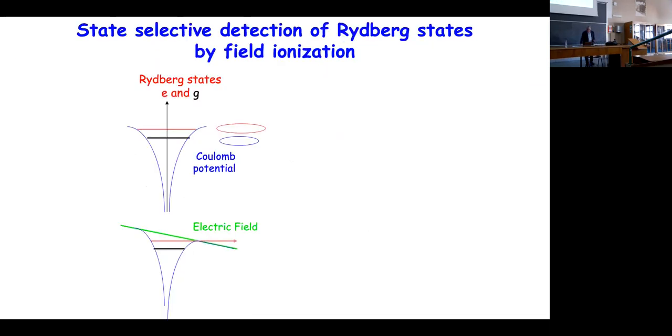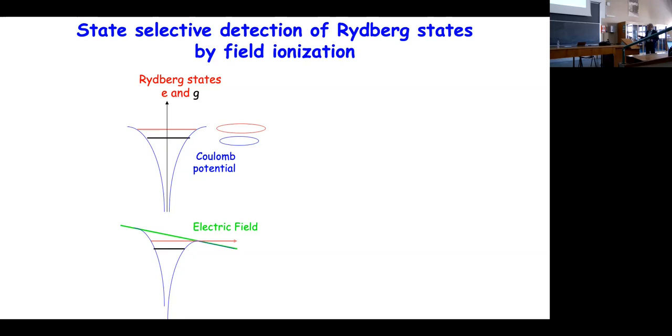So now what about field ionization? How can you understand the process by which these atoms are destroyed when you apply an electric field? You see here the 1 over r Coulomb potential. You have a very deep potential, and you see here the upper state of the transition, and here the n-1 state, which is a little bit deeper in this potential well, and they correspond to slightly different orbit size.